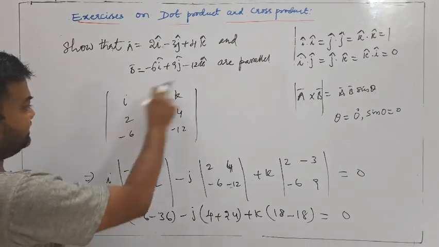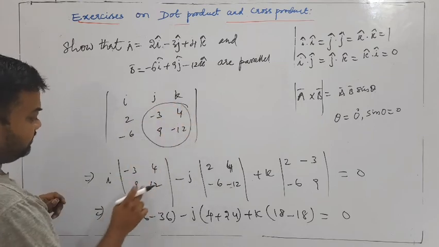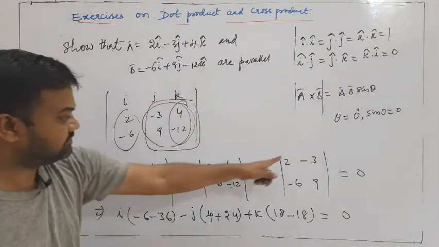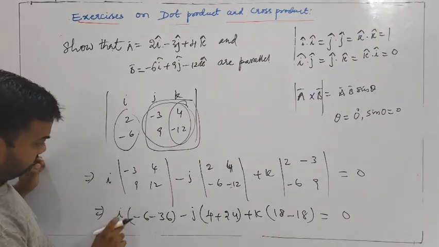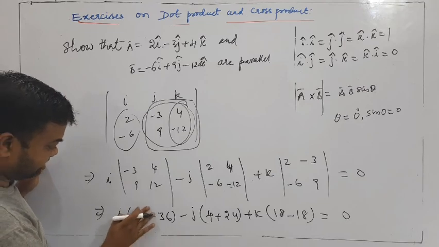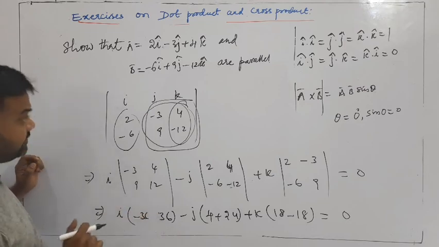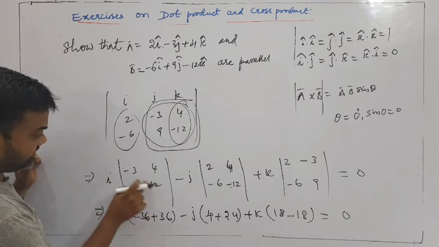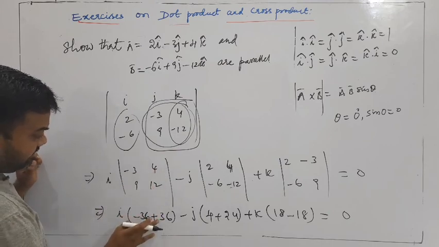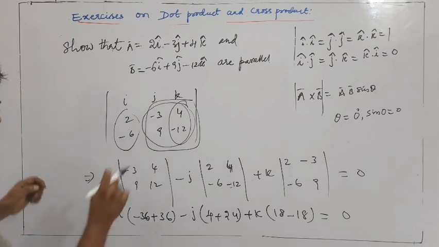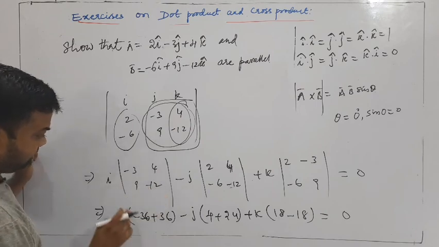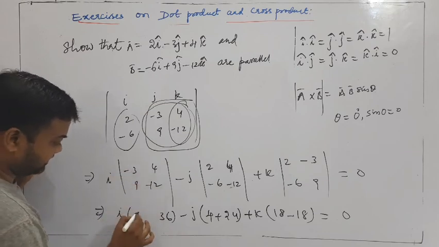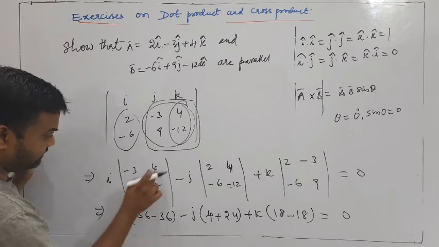Now, for i, the values are 3, minus 4, 9, 12. AD minus BC: 3 12s are minus 36, minus into minus plus 36, minus 4 9s are 36.